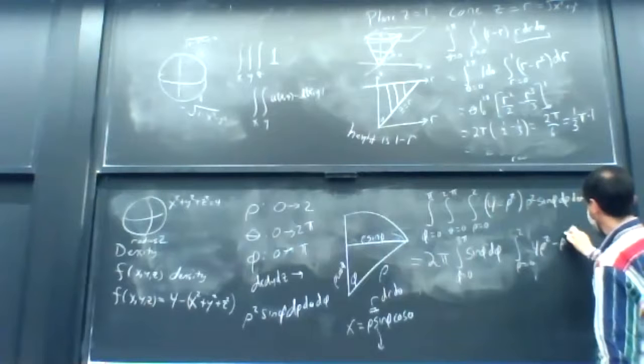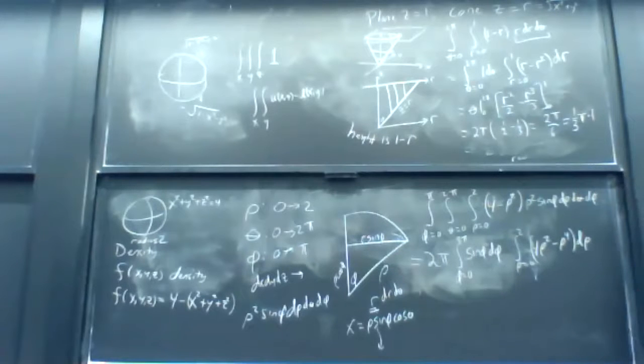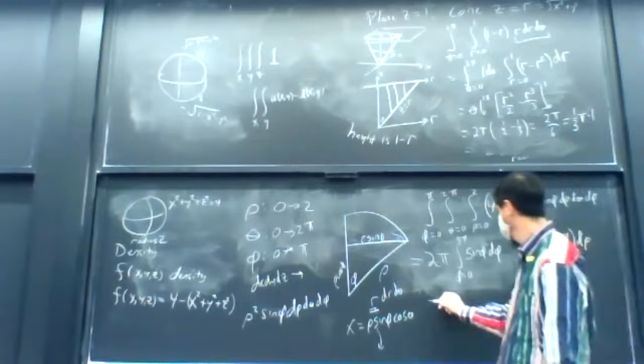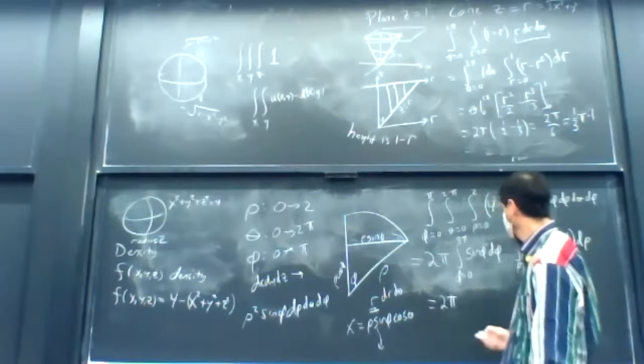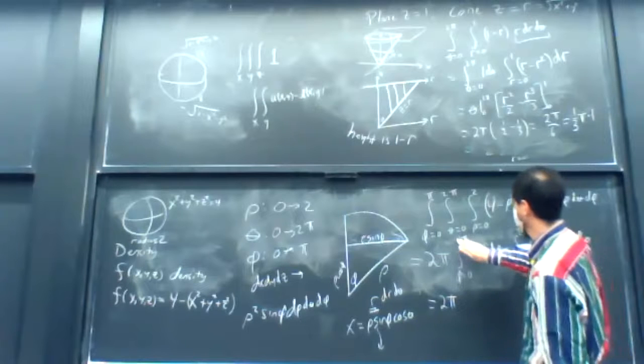Rho squared minus rho to the 4th, and that avoids having to use the product rule. All right, so now we just get 2 pi. What function has derivative sine of phi? Oh, whoops. This should be only going up to pi, not to 2 pi.